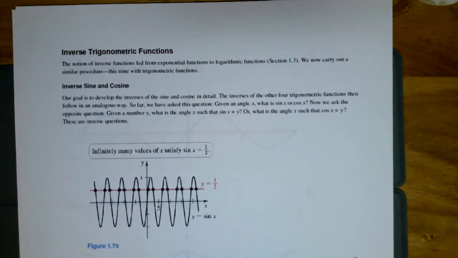Therefore, it's not one-to-one, and it would not have an inverse unless you restrict the domain. For the sine function, one good choice would be from negative pi over 2 to pi over 2. If we did that, we would have a one-to-one function for the sine of x on that domain. The same holds true for the cosine of x, where you use 0 to pi.